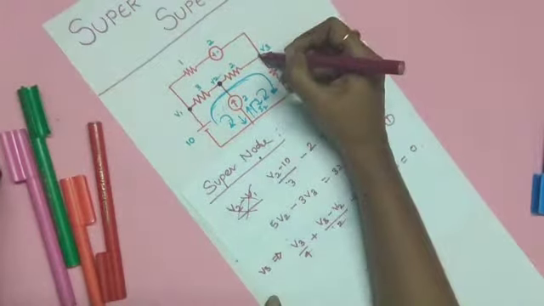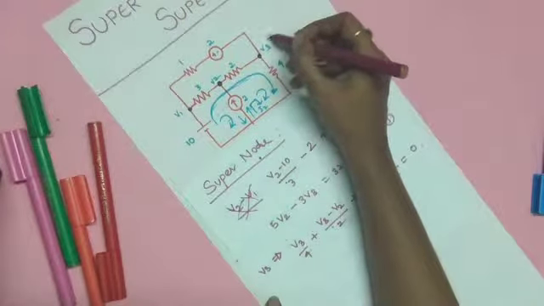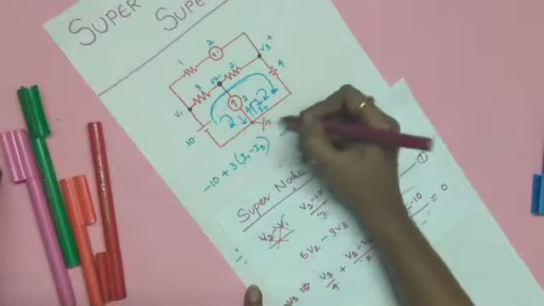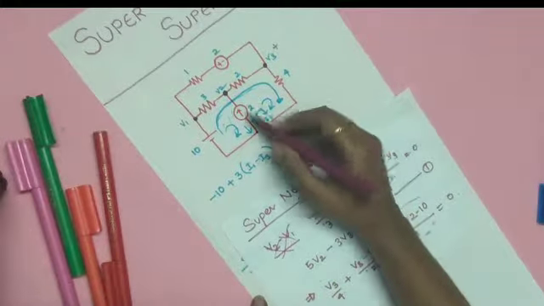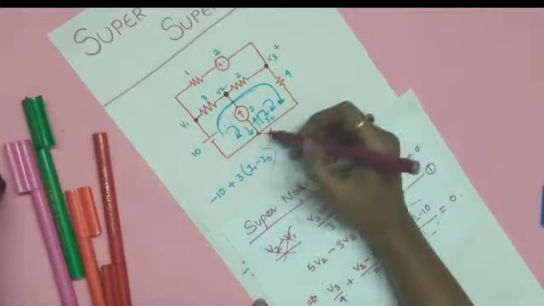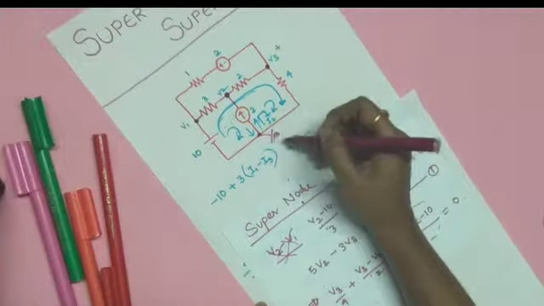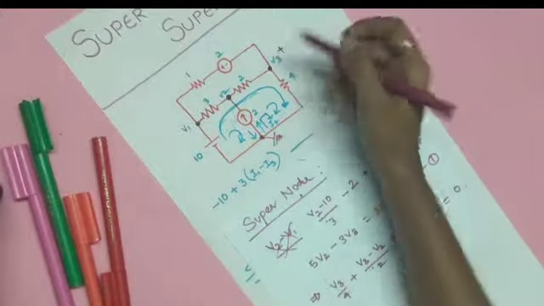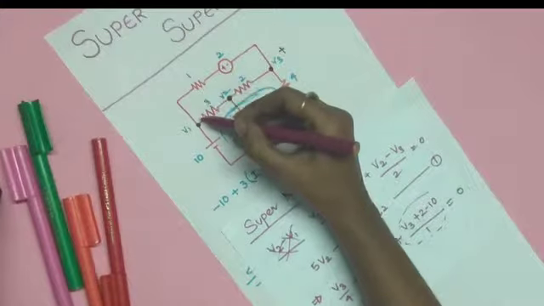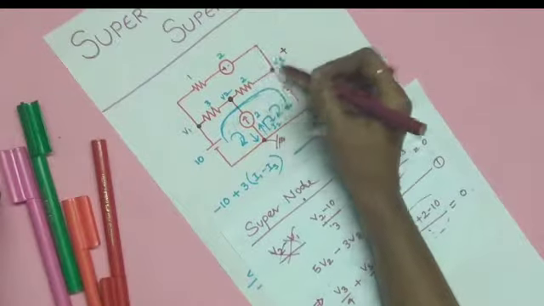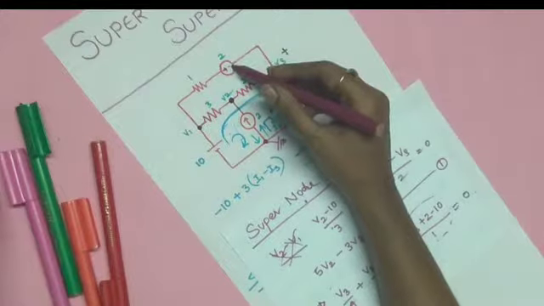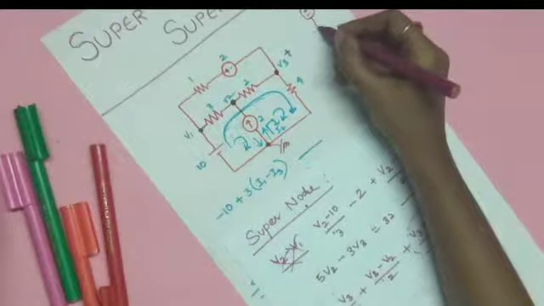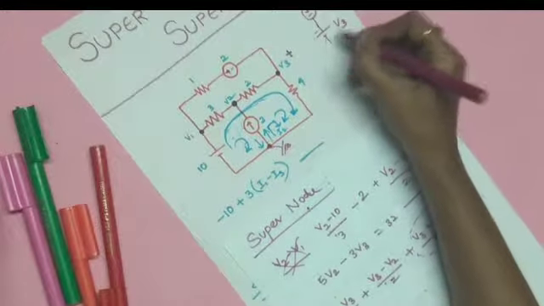See, here we are considering V3 as positive, right? This is the ground, because more voltage sources are connected to this principal node, so I am considering it as the reference node, and V3 is taken as positive here. While you are going through this equation, the V3 positive is connected to the negative. It is like this, plus 2, and it is V3.